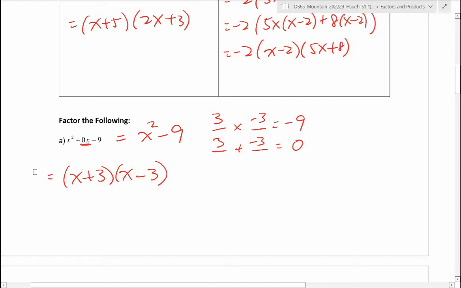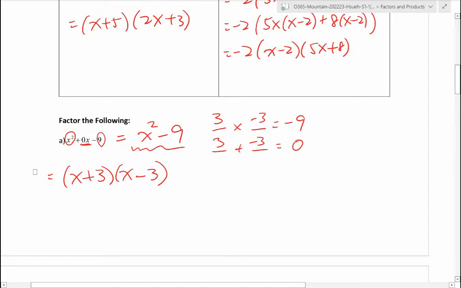Okay, so this one is not that bad, okay? I mean, again, it's a special case because the middle term is 0. And it turns out, if you look more closely, this is a perfect square, right? That's x squared. 9 is also a perfect square because that is 3 squared.